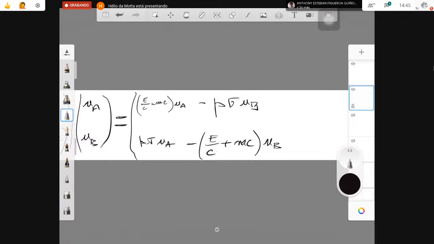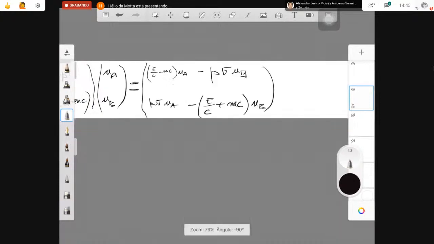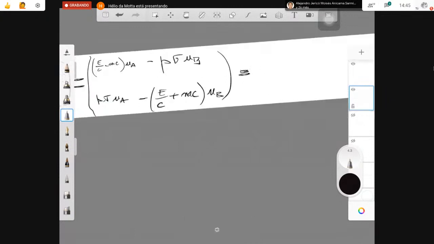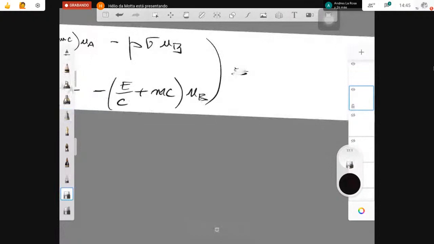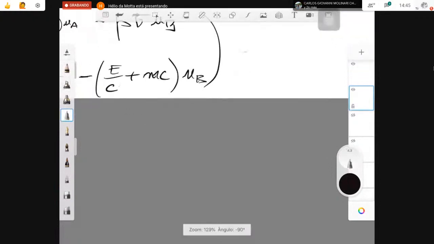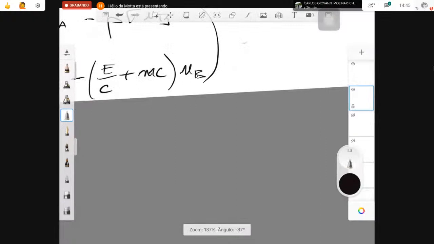Okay, this equals 0. Then, wait, this is not working. So if you solve this, it's not a big deal.